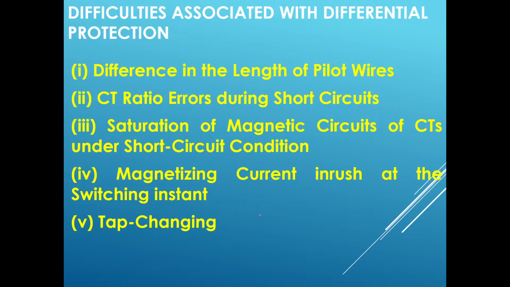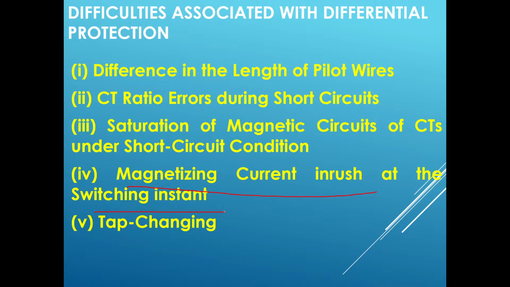One more difficulty associated with differential protection is the magnetizing current inrush at switching instant. Under no load condition, if there are coils, then magnetizing currents will be there.